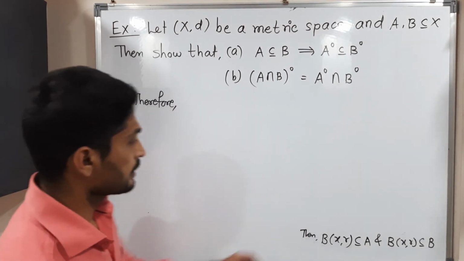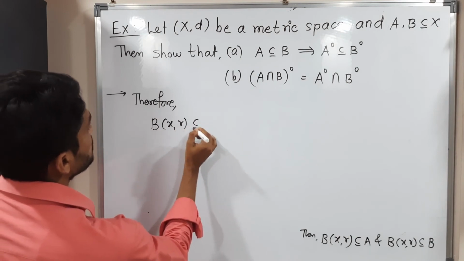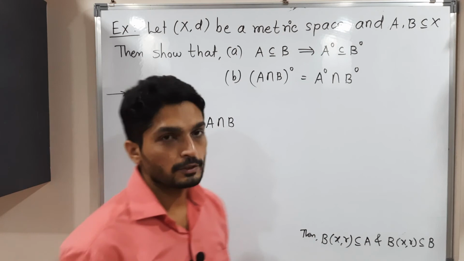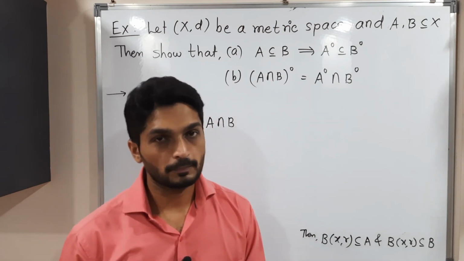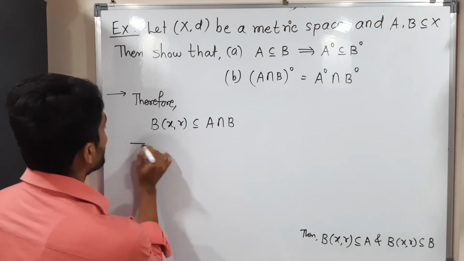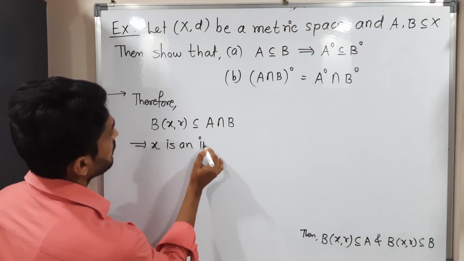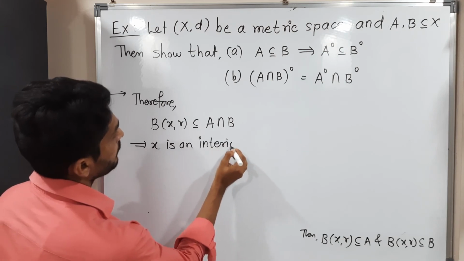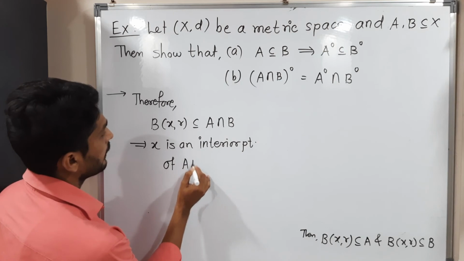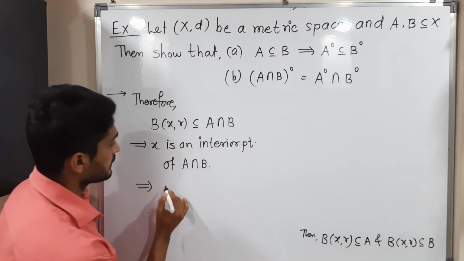Okay. So see, therefore, B(X,R) is a subset of A intersection B, since it is a subset of both A and B. Okay. So this is the definition of interior point. So therefore we can say X is an interior point of A intersection B. So symbolically we can write the same thing in this way.